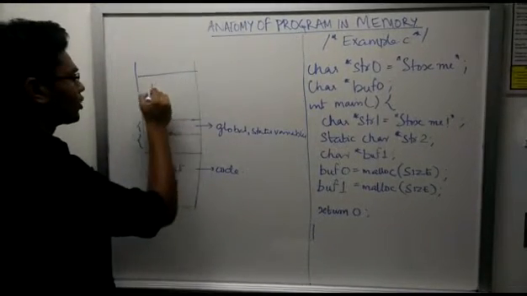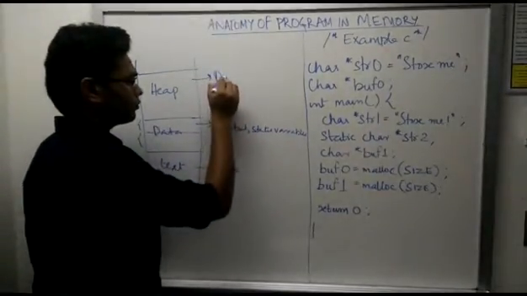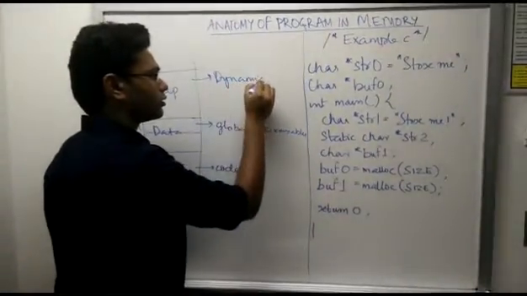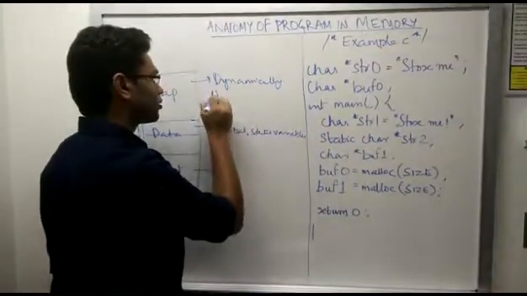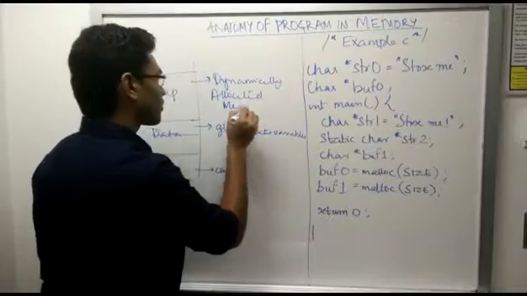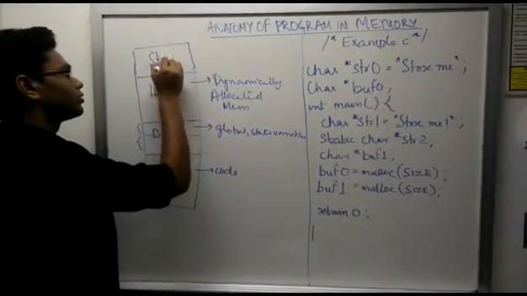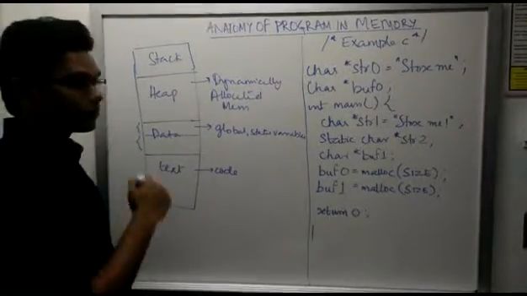And then you have your heap. This is where all your dynamically allocated memory comes from. And finally you have your stack section or the stack frame.